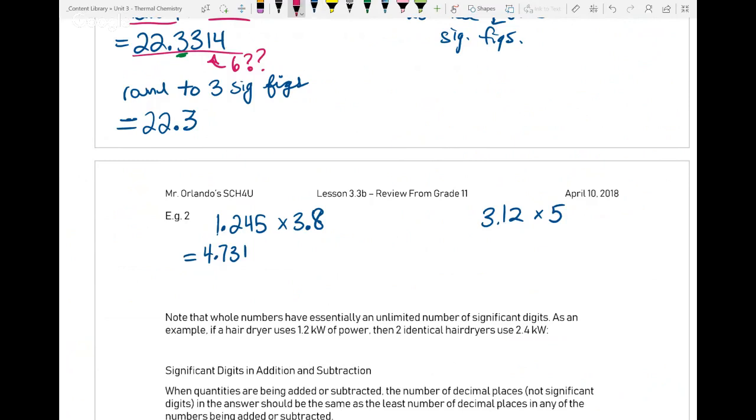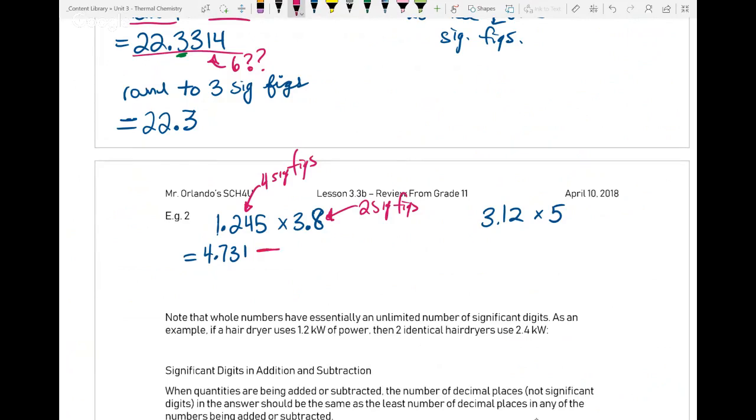But again, if I look at my question, yeah, 1.245 has 4 significant digits, but 3.8 only has 2. And again, my answer can't be more precise than the numbers I used to get there, which means I can't end up with 1, 2, 3, 4 sig figs in my answer if I only had 2 to begin with.